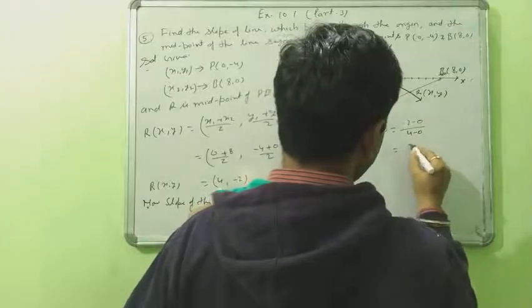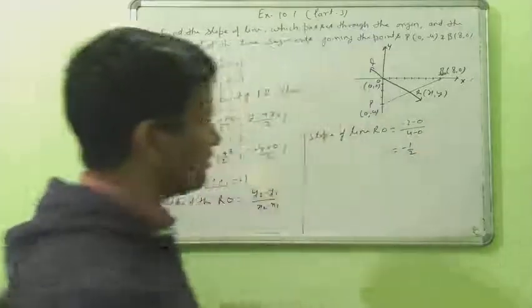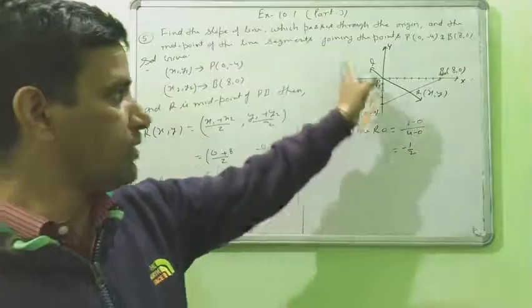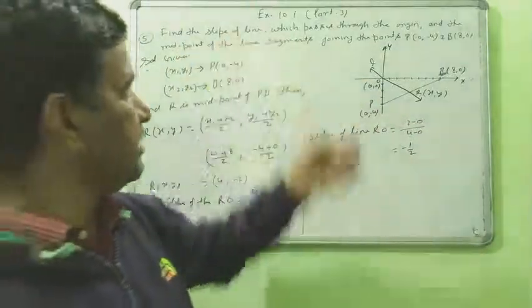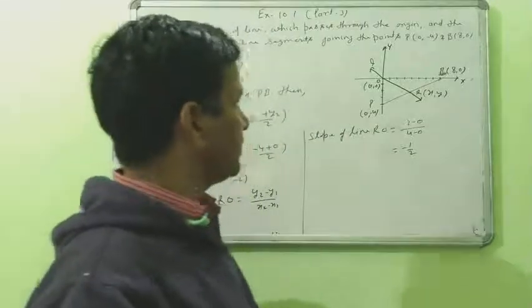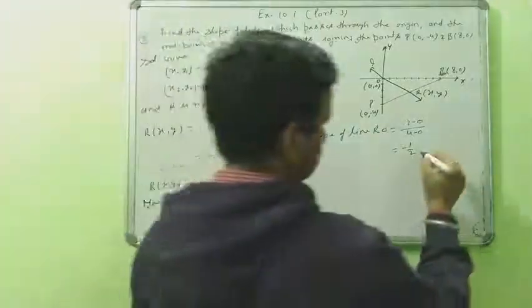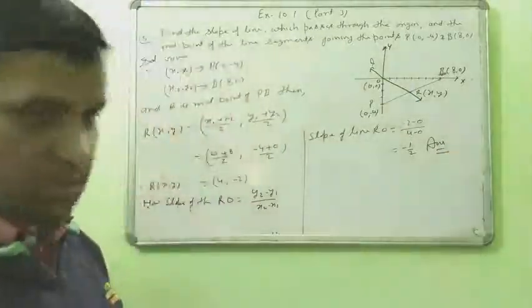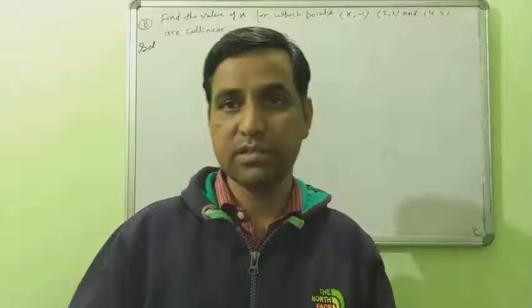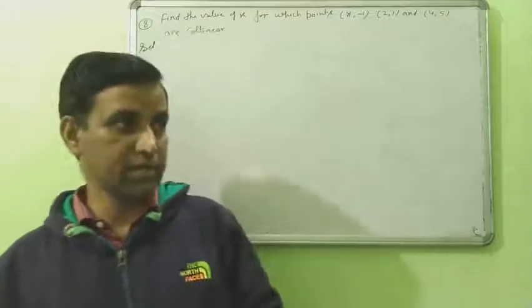What will it become? Minus 1 by 2. The slope of the line is minus 1 by 2. So the slope of the line which passes through the origin is minus 1 by 2. This is your answer. Yes, note it down. Class, next I am taking question number 8.